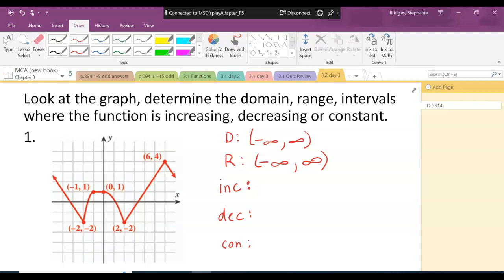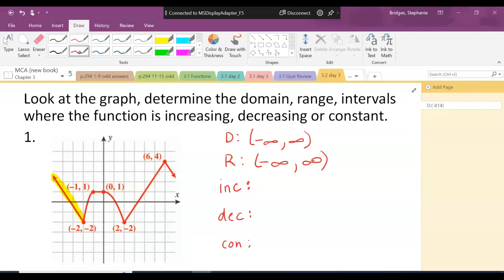Is everybody ready? So I'm going to start on the left side of my graph. I'm going to kind of highlight it so you can see what I'm looking at, but you can follow along on your graph. If I start at the very edge of my graph and I go until it changes positions to that point right there, is that going up or down from left to right? Down. So that would be a decreasing interval. And what I need to figure out is how I write it.